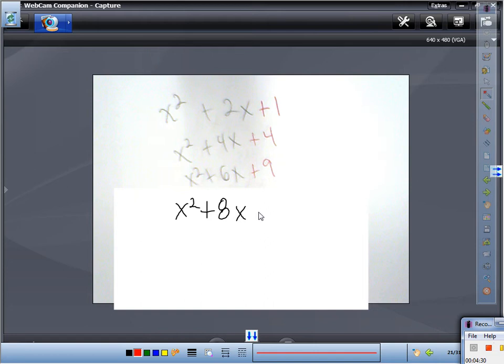Okay, Jerry? Plus 16. That is correct. Let's do another one. X squared plus 10x. Tell your neighbor what we need to complete that. Hands if you got that. Okay. Roman, Carlos? Plus 25. Next one. X squared plus 12x. So remember what we need to complete that. Plus 36. That is correct.